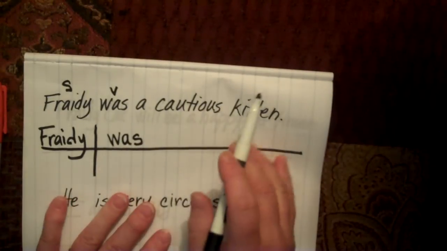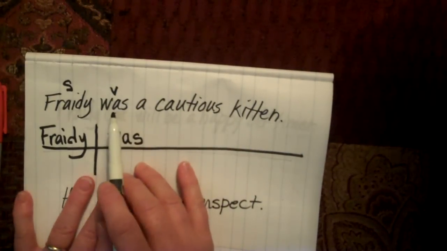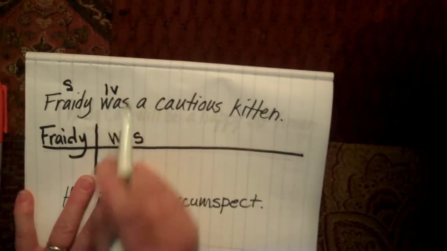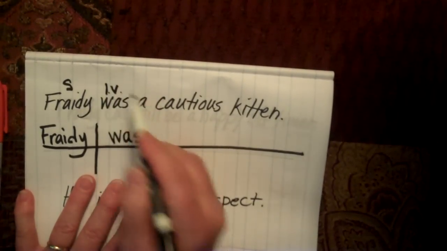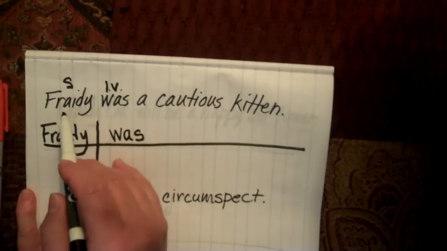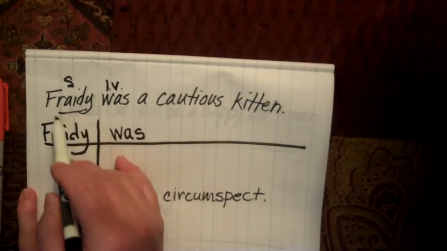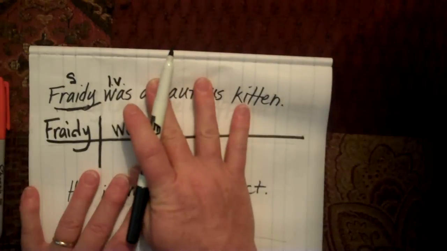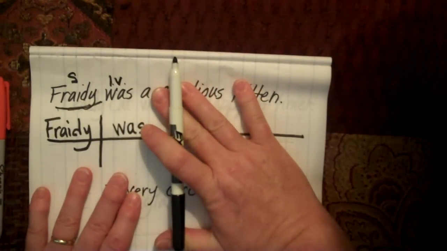This is a linking verb. The function of a linking verb, the reason for it, is because it links the subject to something that completes the meaning of the subject. You can't just say Fraidy was. Leaves you hanging.